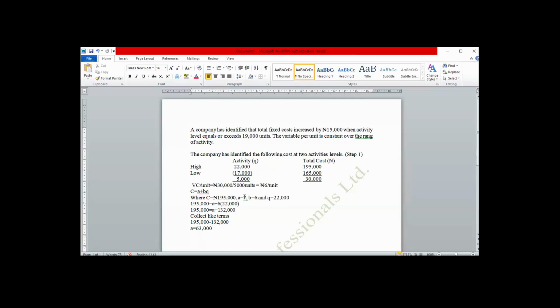What are we now meant to do? Are you with me? What are we meant to do when this situation occurs? It is mathematical reasoning. When you have 19,000 or exceed 19,000, what are we meant to do?